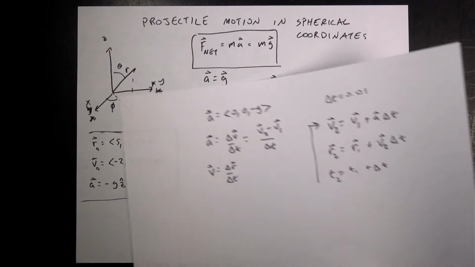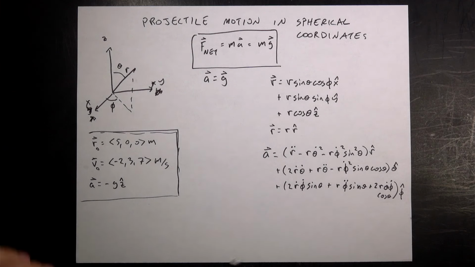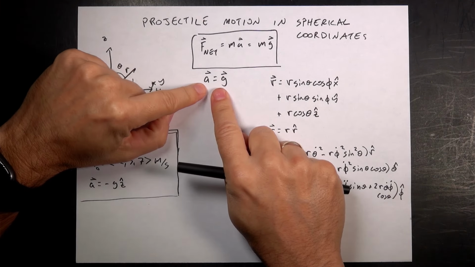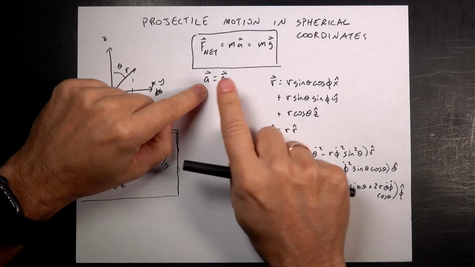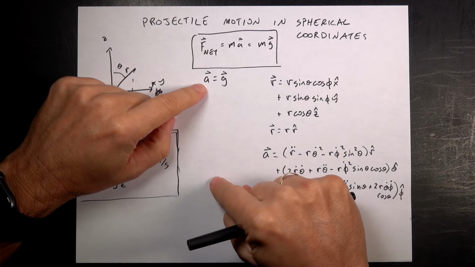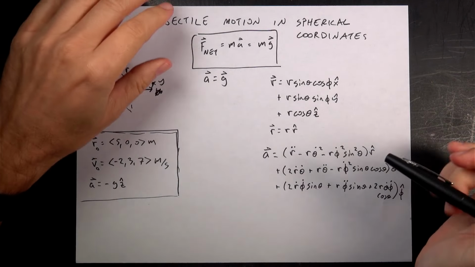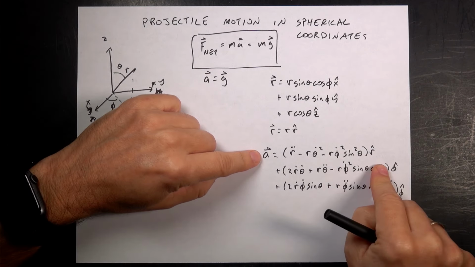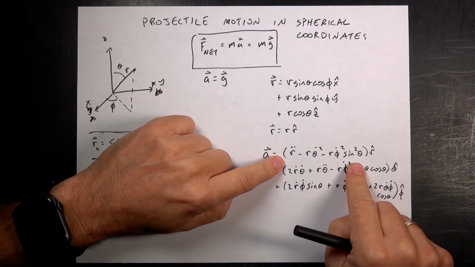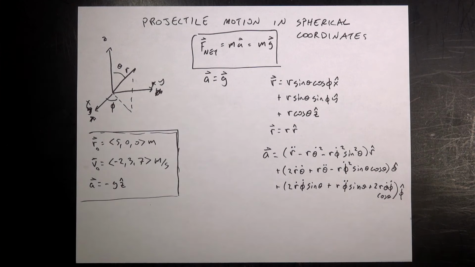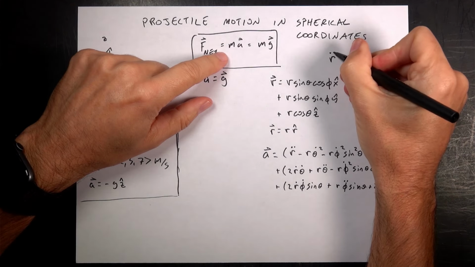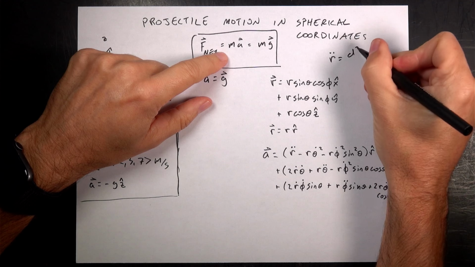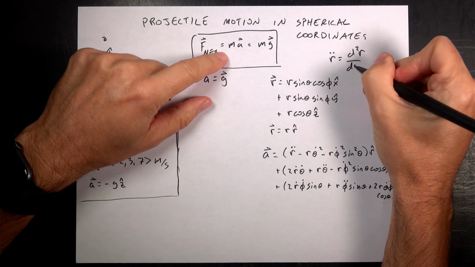What do I need to do? So I know this is true. And I also know from my previous video, link down below, watch it if you want to, look it up in a book, it doesn't matter, that the acceleration in spherical coordinates has these components. The r hat component is this. Now, a quick note: r double dot, if you haven't seen that, is the second derivative of r with respect to t.